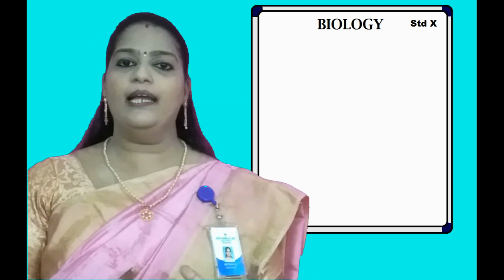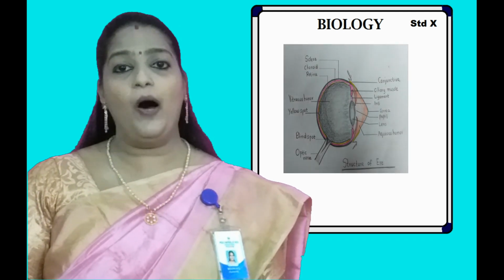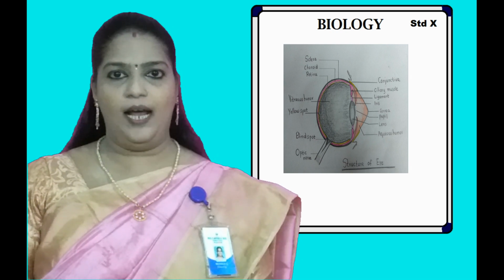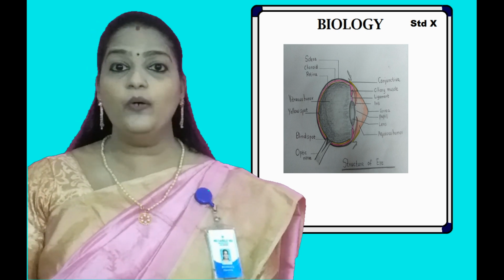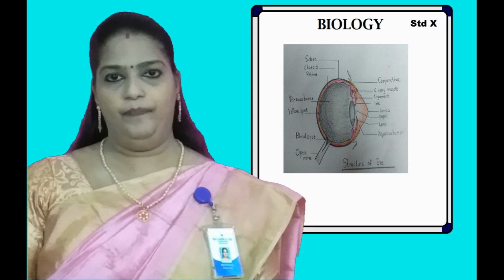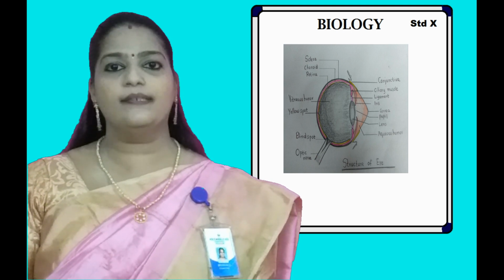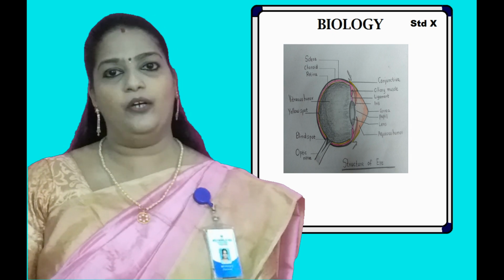So just like an ice cream bowl is our eye, and it is made up of three layers. The outermost layer is the sclera, the middle layer is the choroid, and the innermost layer is the retina. Sclera has got modified into cornea, which is transparent in nature. That is the front bulged part of our eye.